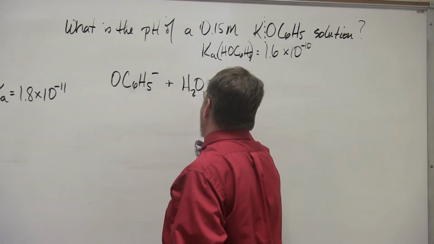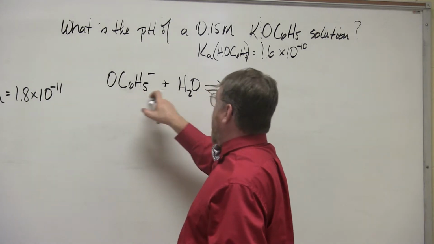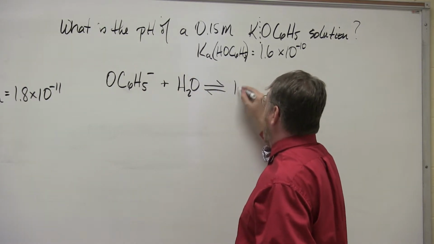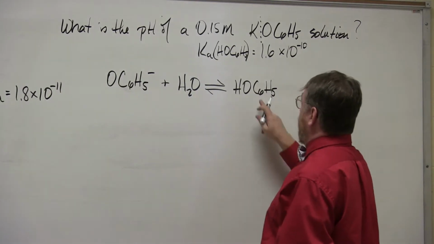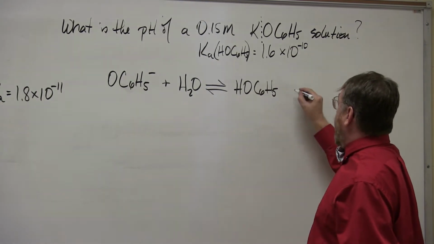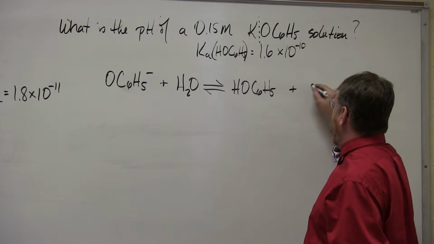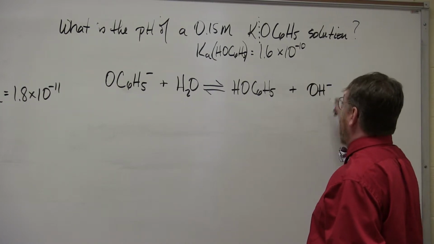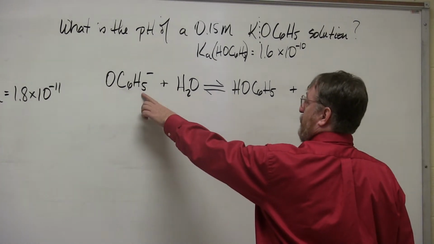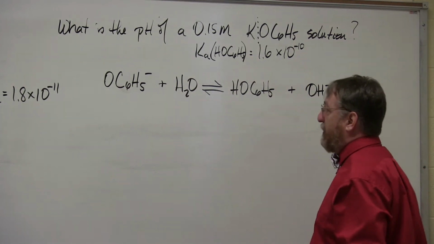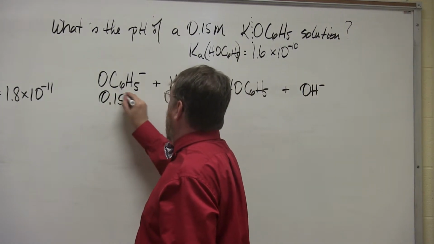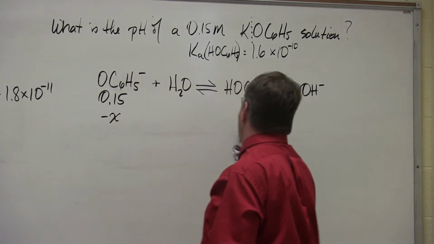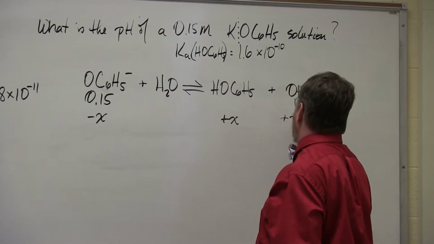Interacting with water, well, this is a conjugate base, so it's going to receive a proton. So we're going to make HOC6H5, that's going to be our phenol, and then we're going to have hydroxide as a result. So we're forcing water to be the proton donor. It donates the proton, leaves hydroxide behind. We have 0.15 molar minus X plus X plus X.